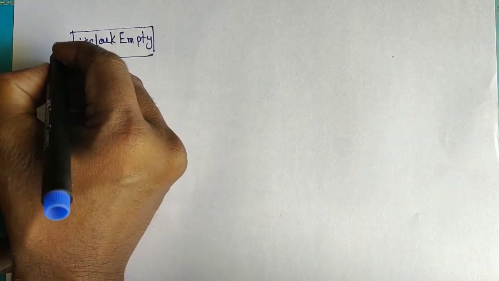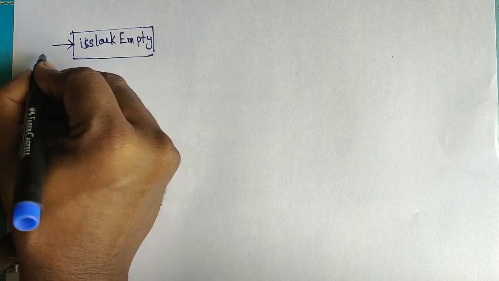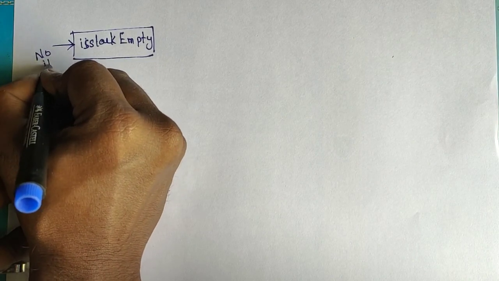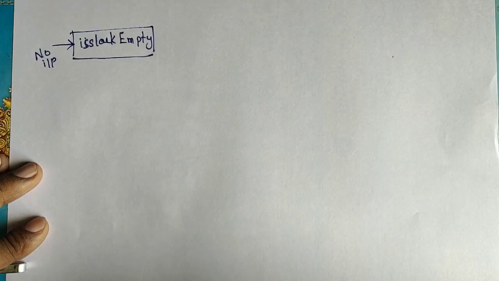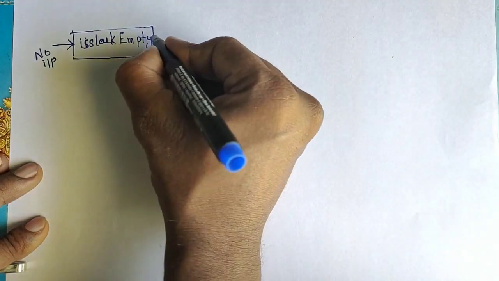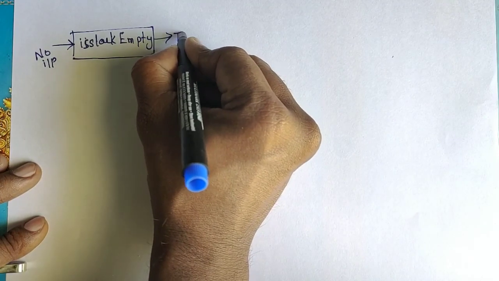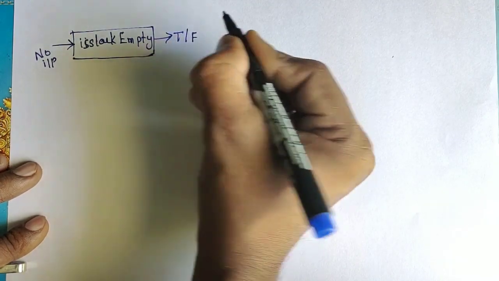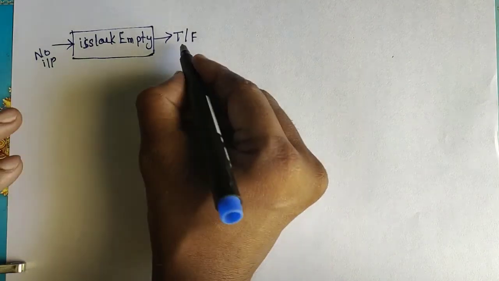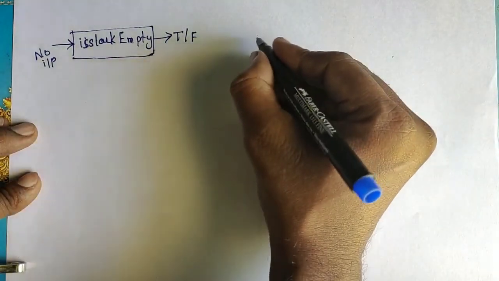Here also there is no input to be passed. And it needs to return whether it is empty or not, that is the decision true or false. So whether the stack is empty or not has to be returned from is stack empty.